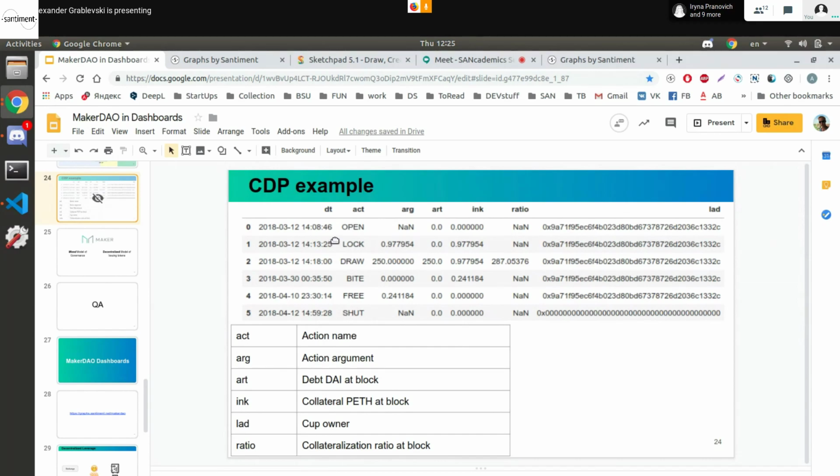But the general life cycle of a CDP, you do some events. For example, you open a CDP, and you can see the transaction here. That's basically the table that represents a basic CDP. That's a datetime, that's the action name, that's the argument, and some other ratio. Don't care about this much. And when you lock some ETH, you see this lock event.